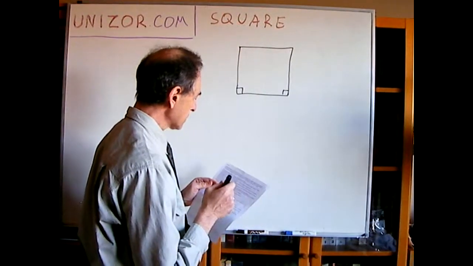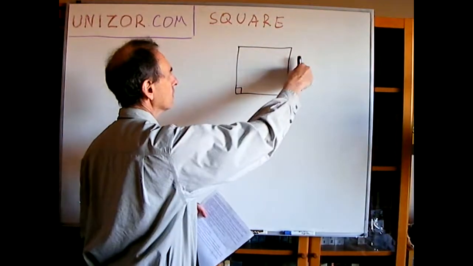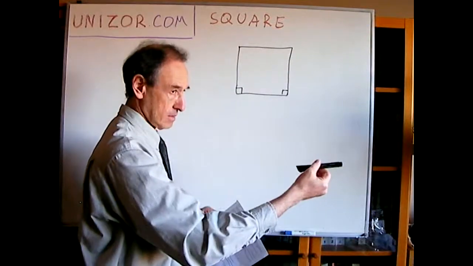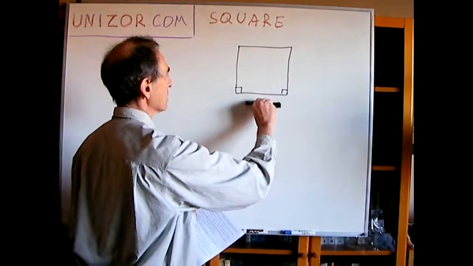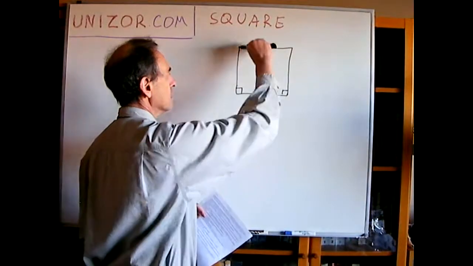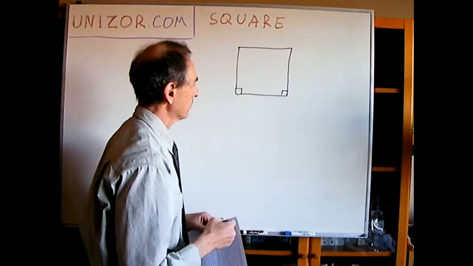Now, opposite sides of a parallelogram are congruent. This is parallel to this, and these are congruent in parallelograms. This is congruent to this, and these are congruent sides of the parallelogram.